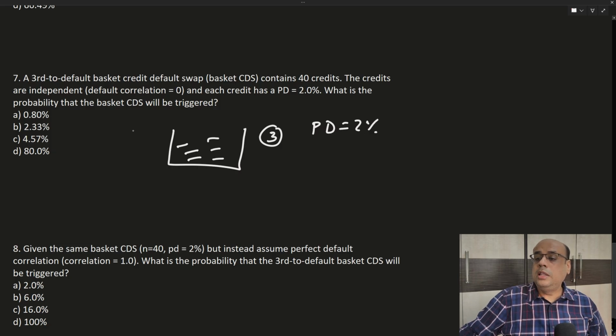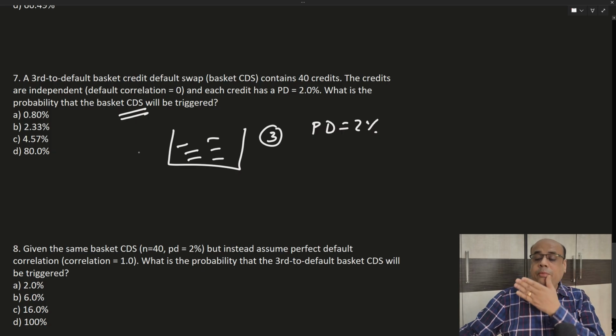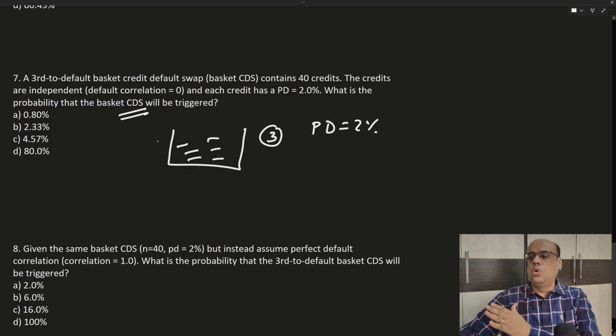What is the probability that the basket CDS will be triggered? It is triggered when the number of defaults is 3 or 4 or 5 up to 40. So if 36 defaults, or 3 defaults, then also this CDS basket will be triggered.